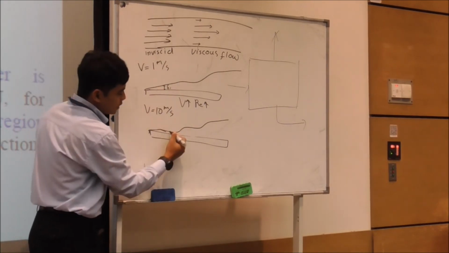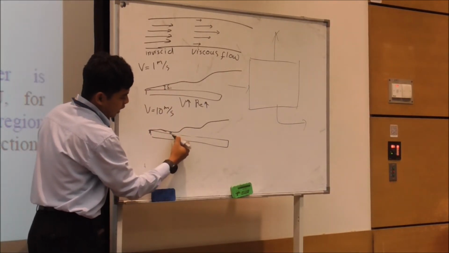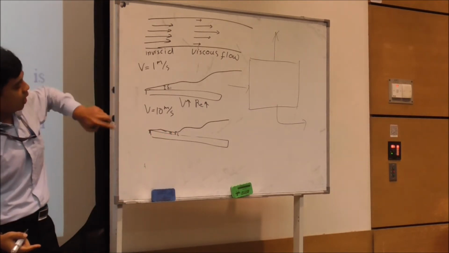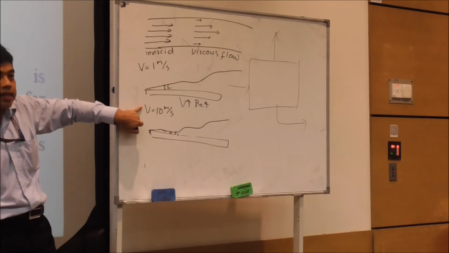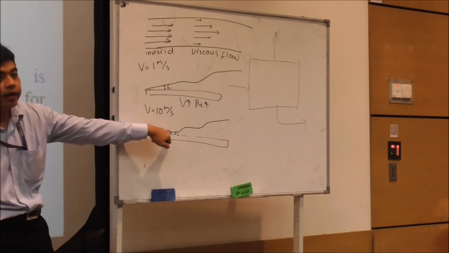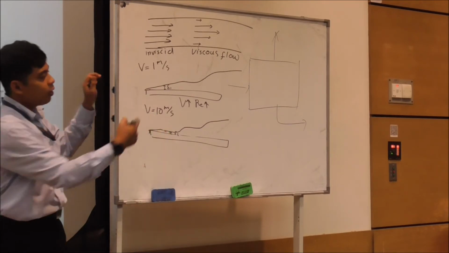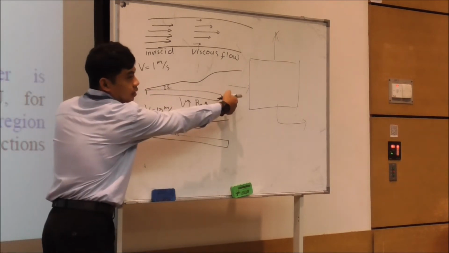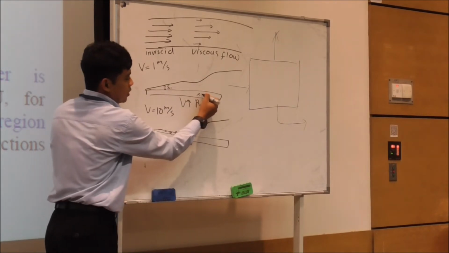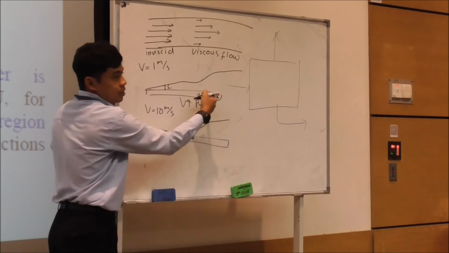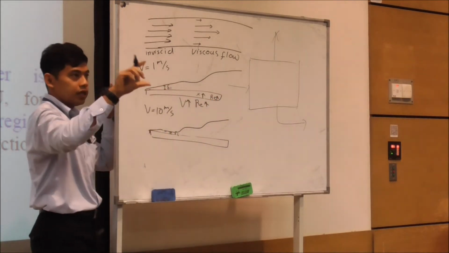Okay, so at the same location, if the velocity is higher, your boundary layer is smaller at the same location. Of course, as you go further, x increases, right? When x increases, Reynolds also increases. Of course, your thickness will increase.